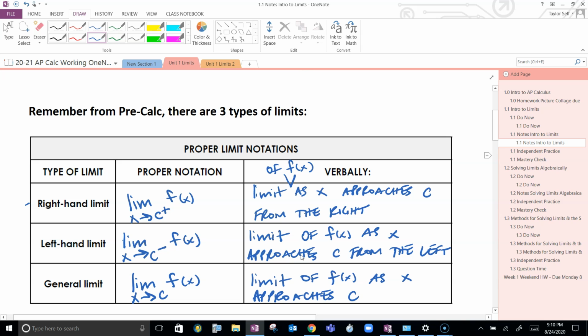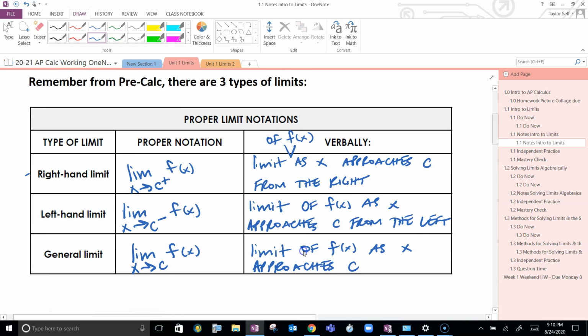Okay, cool. So make sure you get those 3 types of limits down and how to say them. It's important to know how to say them for a lot of reasons. One is for this class, and also for your future. If you take calculus in college, you'll definitely want to know how to say this. So make sure you write that down.